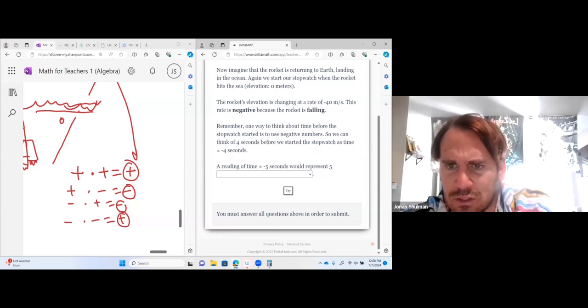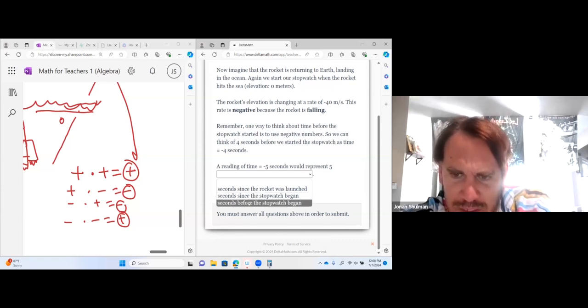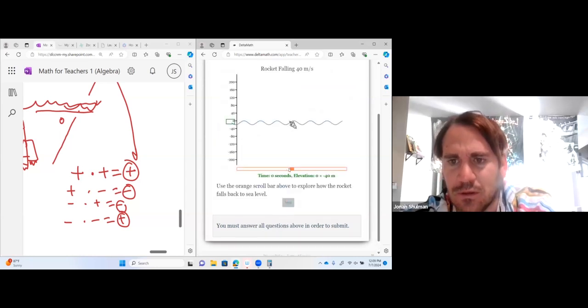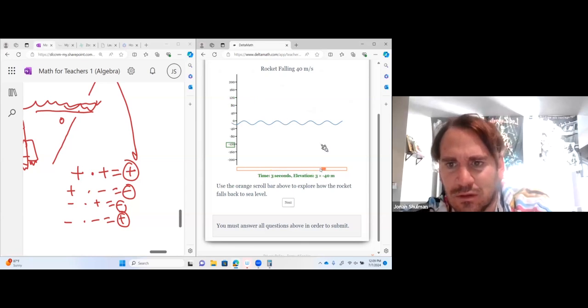So we can think of 4 seconds before we start the stopwatch. Seconds since the rocket was launched, seconds since the stopwatch began, seconds before the stopwatch. Yeah, I believe that's what it is. Nice. So we've got negative and negative. Cool.